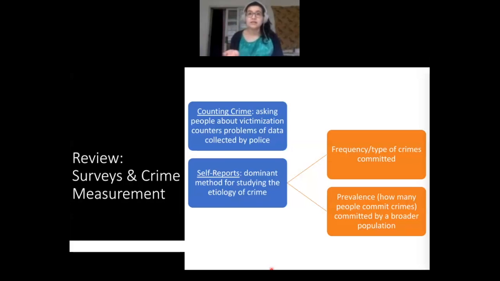It has some level of false data to it. And self-report surveys are also an issue because sometimes people don't want to report the crimes that they committed as well. So that also decreases your reliability.